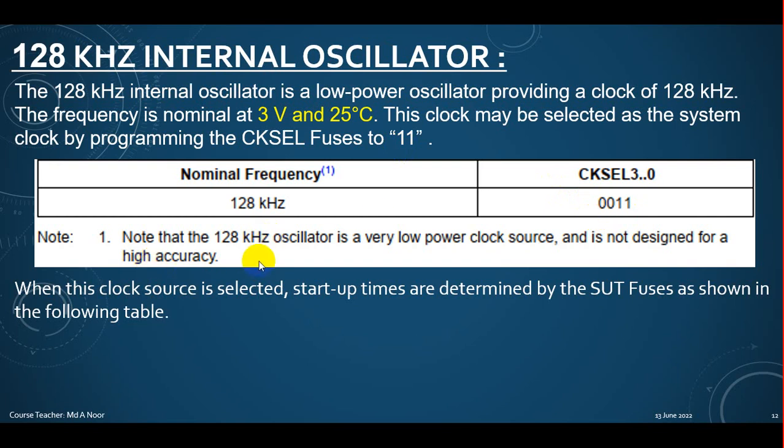Note that the 128 kilohertz oscillator is a very low power clock source and is not designed for high accuracy. When this clock source is selected, startup times are determined by the startup time fuses as shown in the following table. So where is the table again?